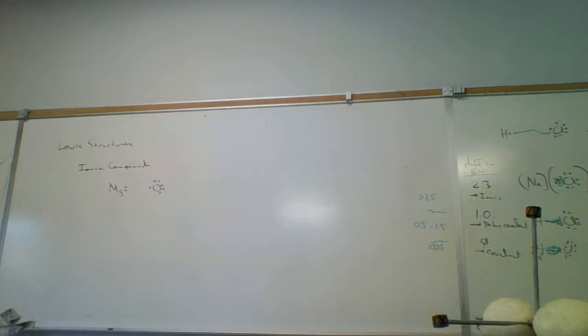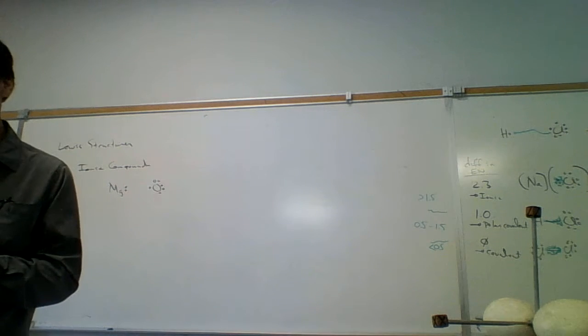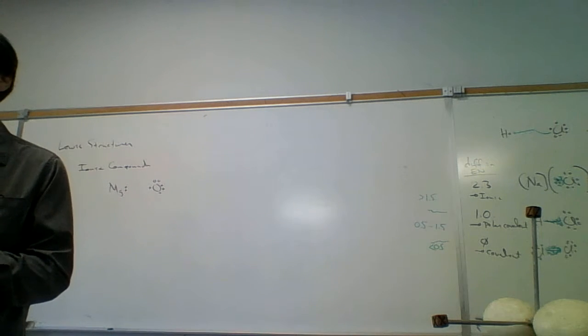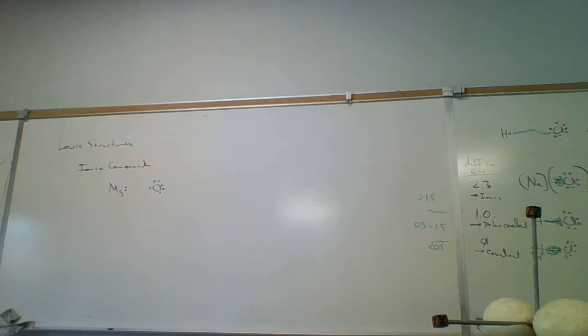Well, one rule that we had, remember the rule a long time ago, is that metals and nonmetals form ionic bonds, right? That's because of the differences in electronegativity, but let's take a look at the electronegativity difference really quick. If we look at magnesium, go to the electronegativity chart here.